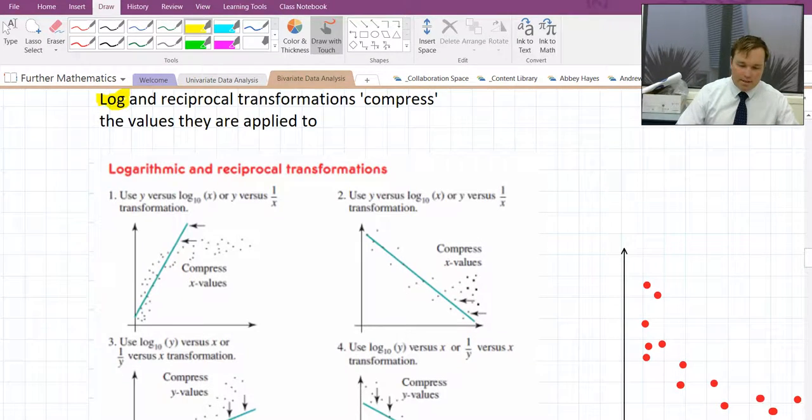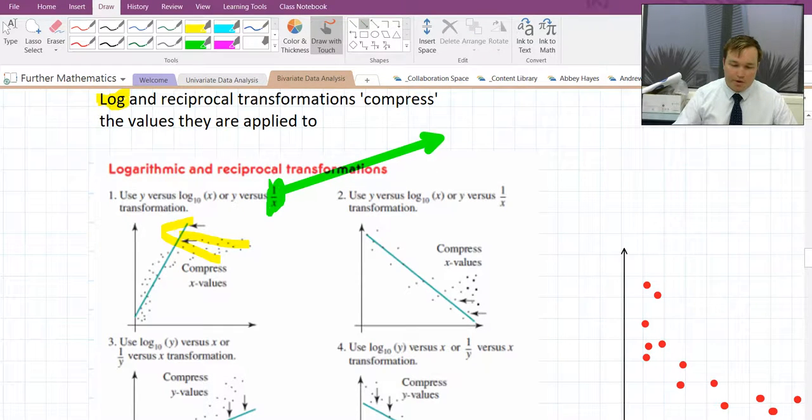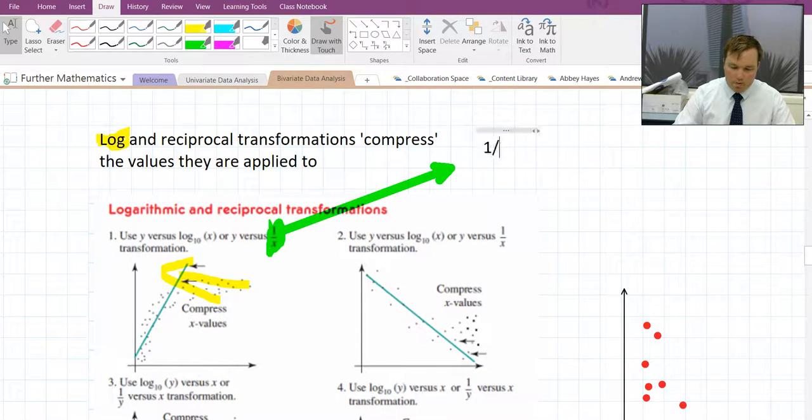So using a log has the effect of compressing the x values, pulling them back this way. Same with 1 on x. I might take a second to explain 1 on x. If we wanted to use what's called a reciprocal transformation, 1 on x, that would be like saying, well, 1 divided by 1 is equal to 1. That hasn't changed much. 1 divided by 2 is equal to a half.